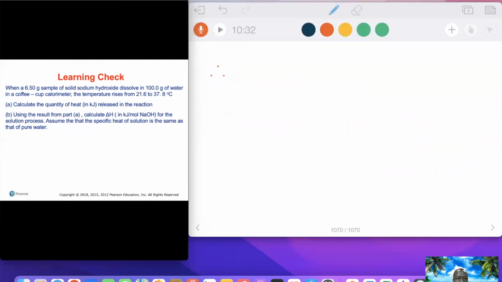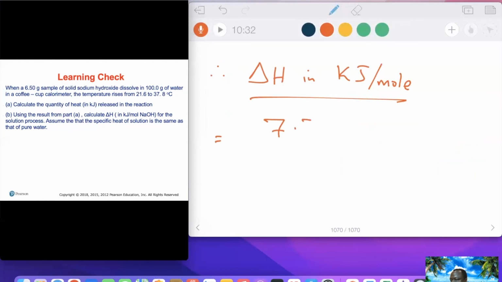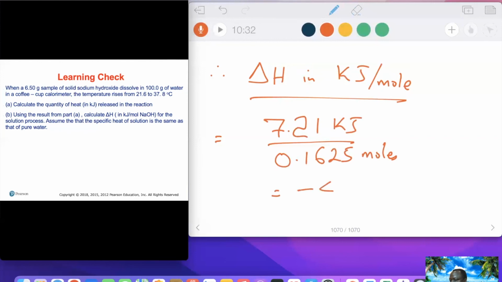Therefore, delta H in kilojoules per mole is given by 7.21 kilojoules divided by 0.1625 moles, which equals negative 44.